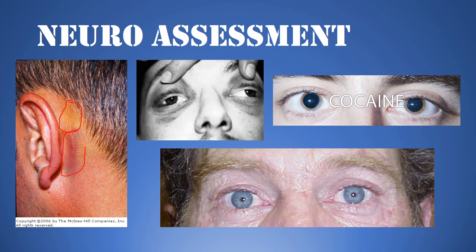I'm going to look at the eyes. In this case, you have a disconjugate gaze, where one eye is looking a different way. And then look at the pupils, which may be able to tell you something. In this case, you see dilated pupils, maybe from cocaine or some sort of sympathetic stimulant, or the pinpoint pupils here, and then of course unequal pupils.